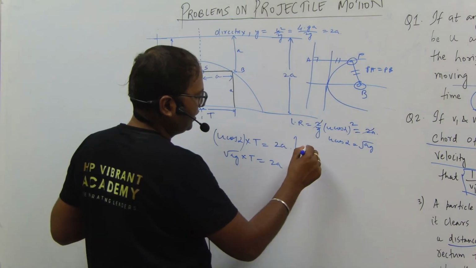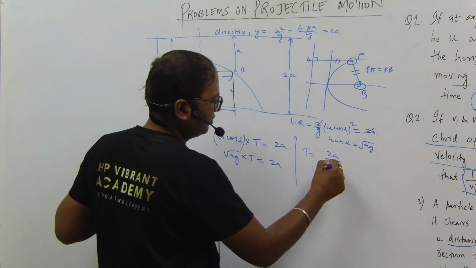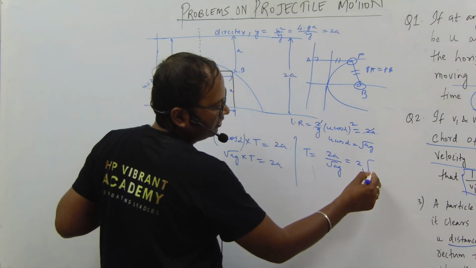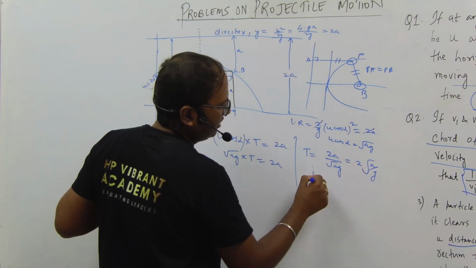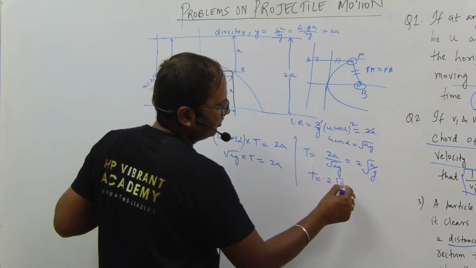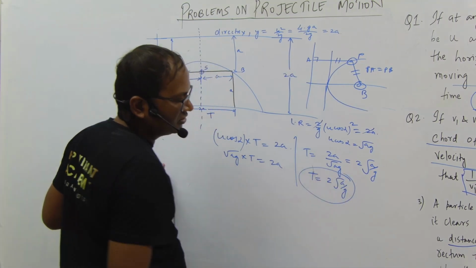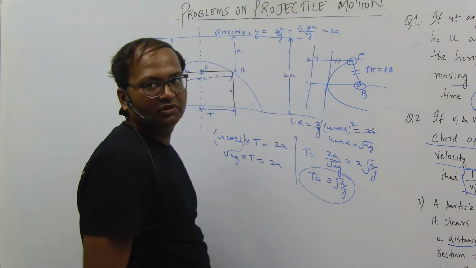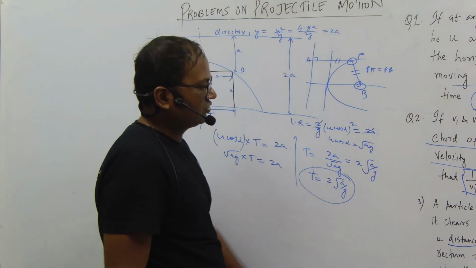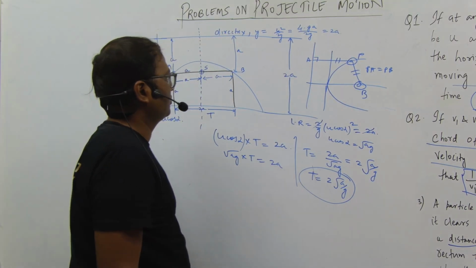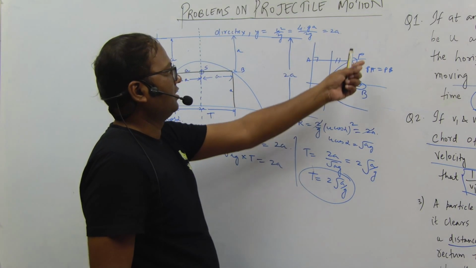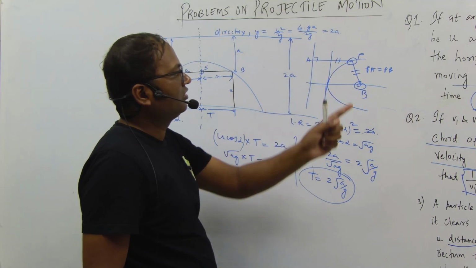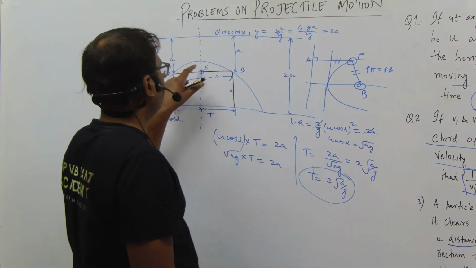So T is equal to 2a upon root under ag, which is equal to 2 root under a upon g. So the time of passing between the walls is 2 root under a upon g. This is the solution of the last part of the question. The concept we applied is that the distance of point P from the directrix is equal to its distance from the focus, where S is the focus.